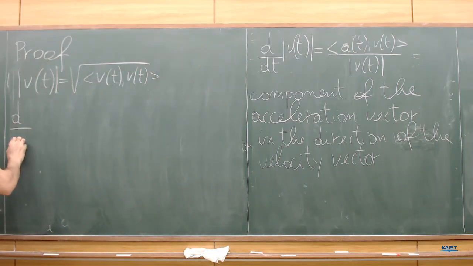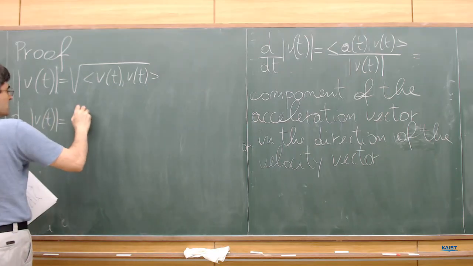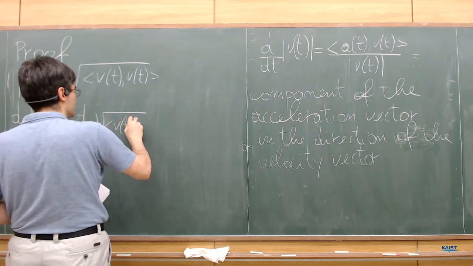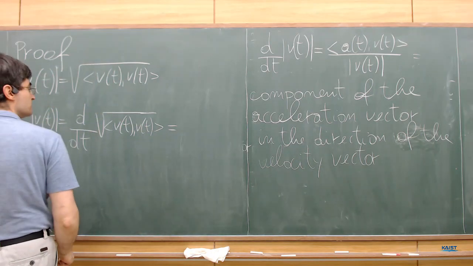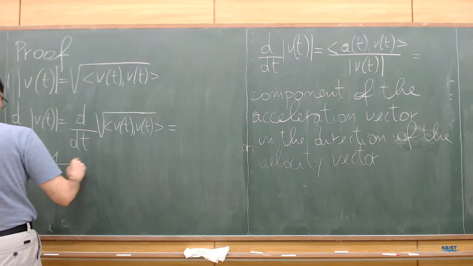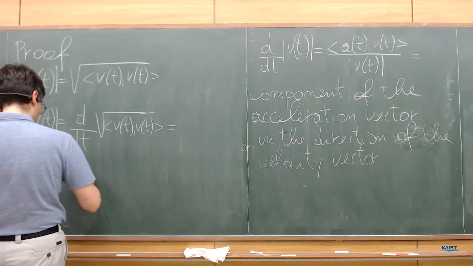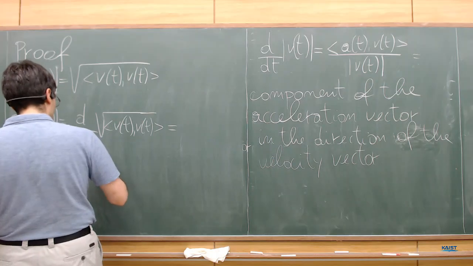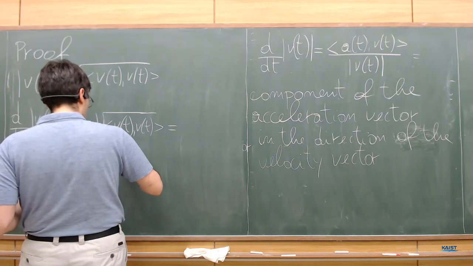Consequently, d/dt of the length of V of t is d/dt of the square root of this inner product, and this is equal to 1/2 times 1 over the square root of the inner product, times d/dt of the inner product of V with itself.